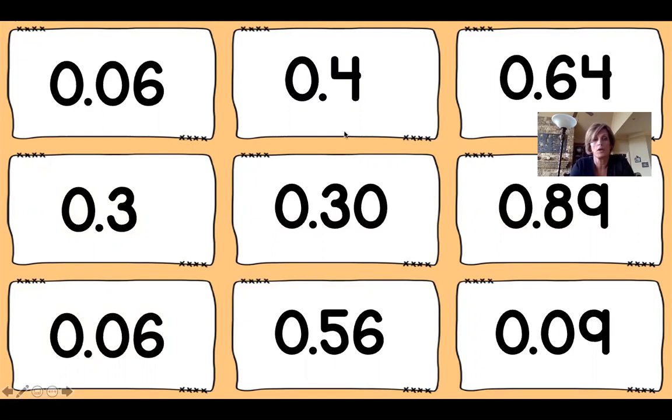And in between 3/10 and 64 hundredths, I would write the symbol that compares them accurately. So in this case, 3/10 is less than 64 hundredths. So I would put a less than symbol, writing these two decimal numbers in between. Okay, so that's the first task.